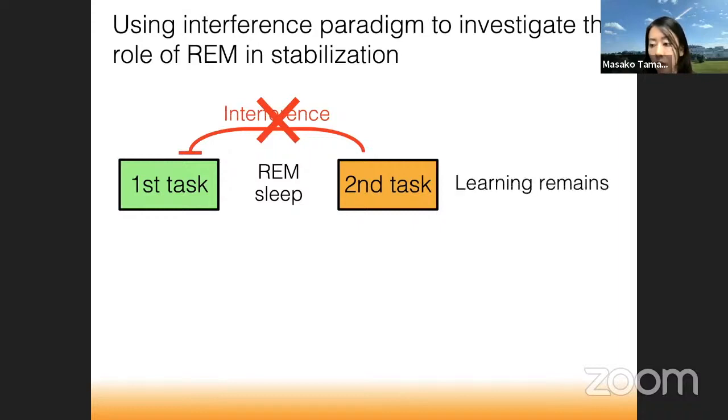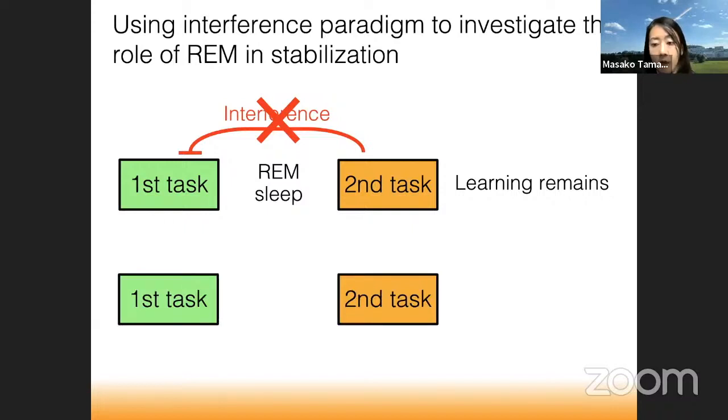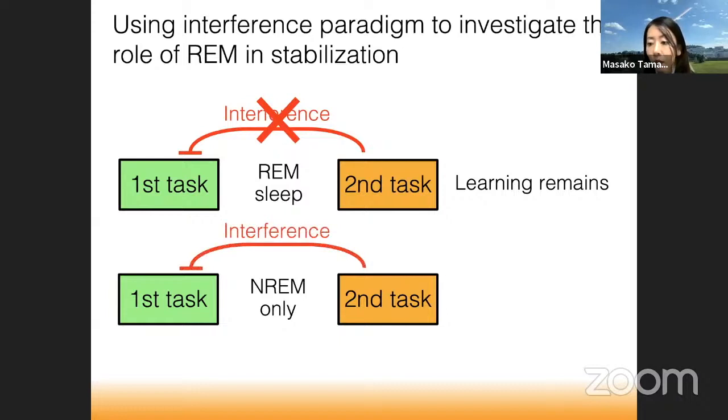Therefore, learning of the first task should remain even after learning on another new task. However, if there's no REM sleep between these two, then interference from the second task on the first task should occur. So learning on the first task should be disrupted due to this interference.